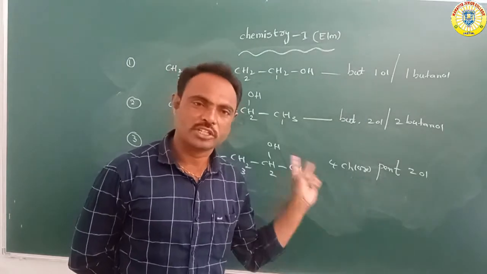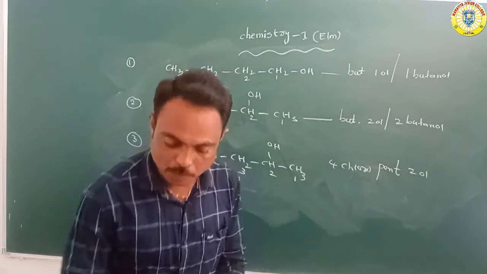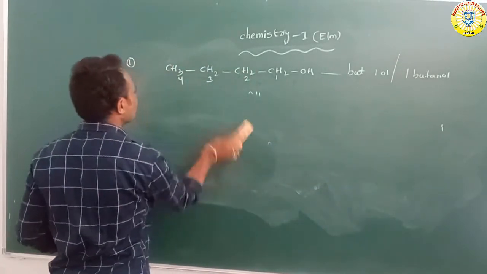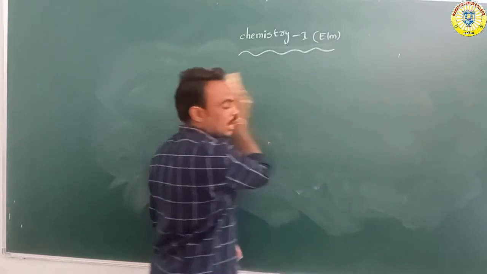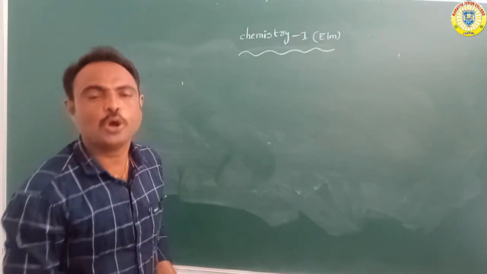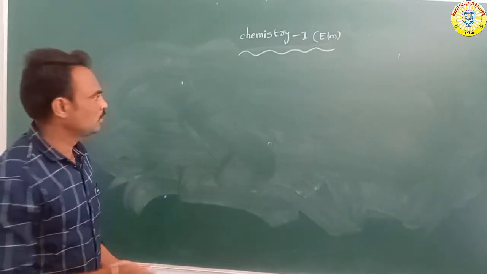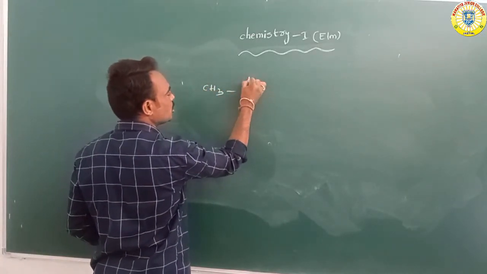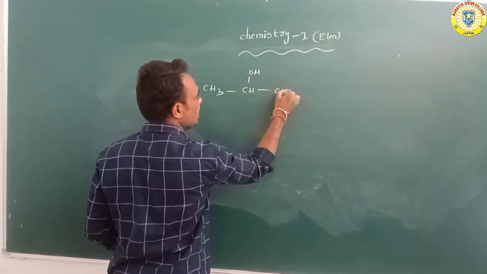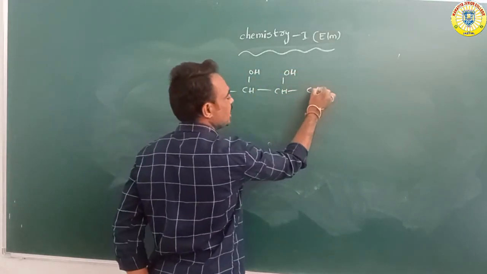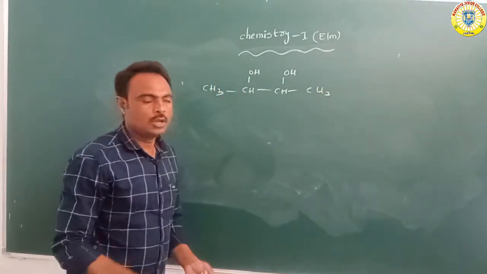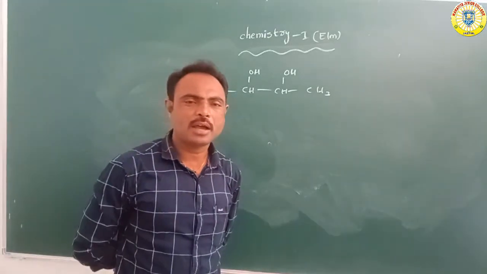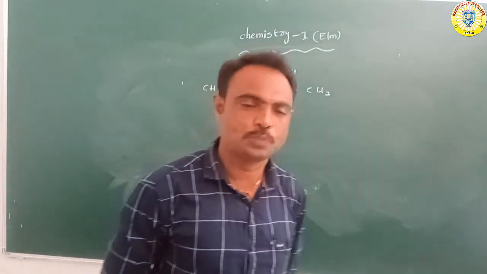Further, we write the function group. Suppose a carbon compound is attached with 2 OH groups, 2 alcoholic groups: CH3, CH, OH, CH, OH, CH3. This is a carbon compound attached with two OH groups.